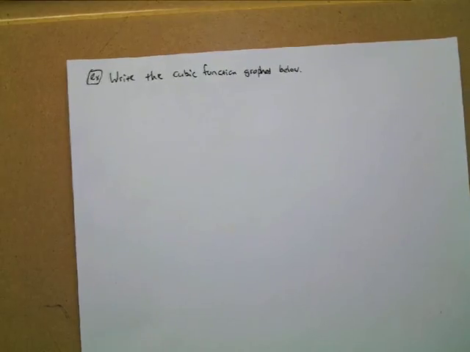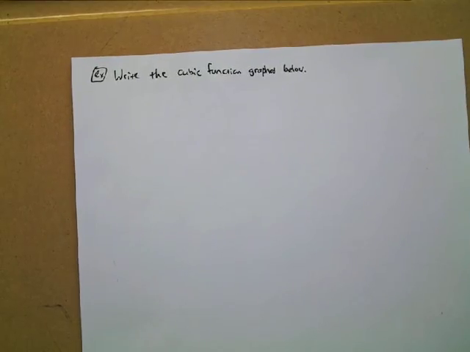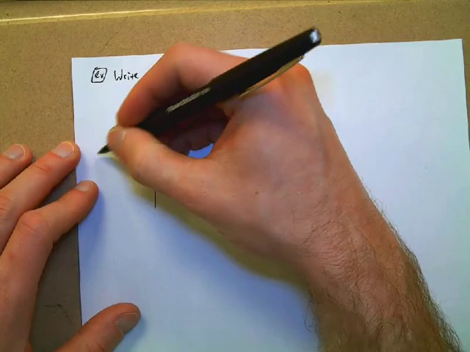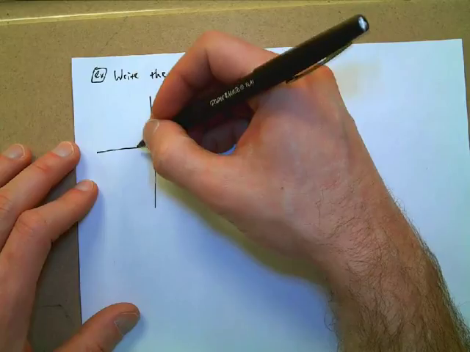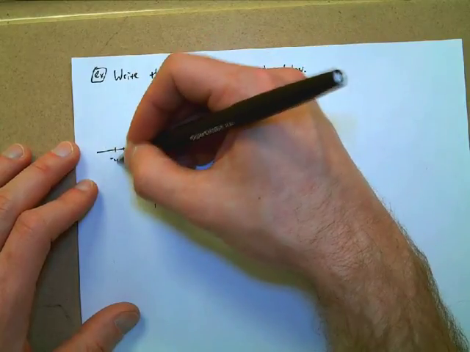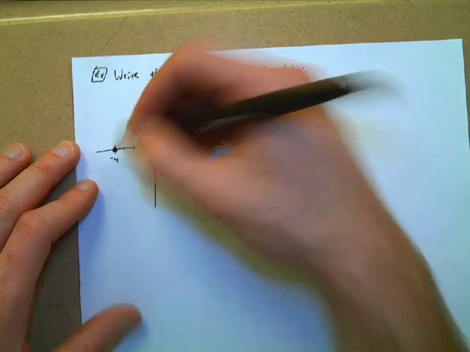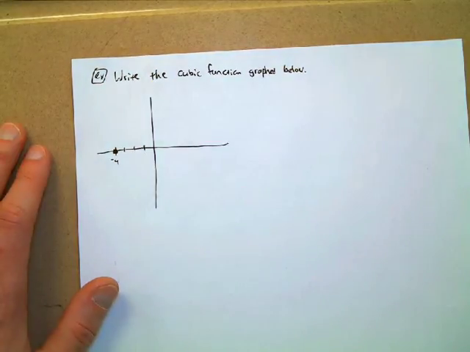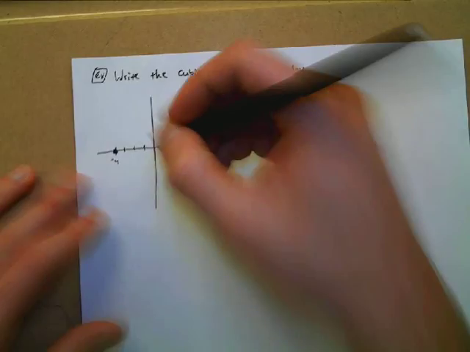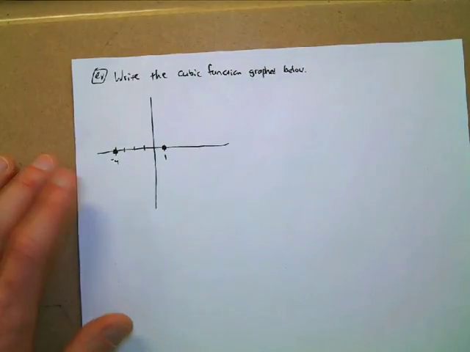Okay, so 1, 2, 3, 4. Okay, so it's going to have a 0 at -4, at +1, and at 3, and it has a y-intercept of -6.